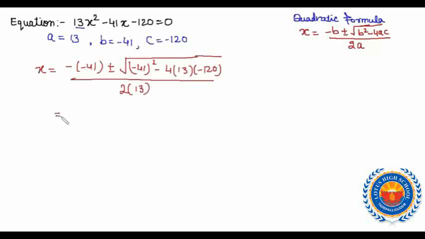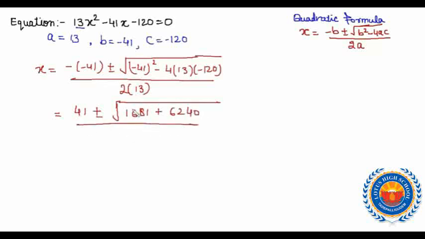So now on doing the simplification, minus minus plus 41 plus minus under root, and the square of a negative number is also positive, and the square of 41 is 1681. Minus into minus comes plus. Now on multiplication, 4 into 13 into 120, we get 6240, divided by 13 into 2 is 26.